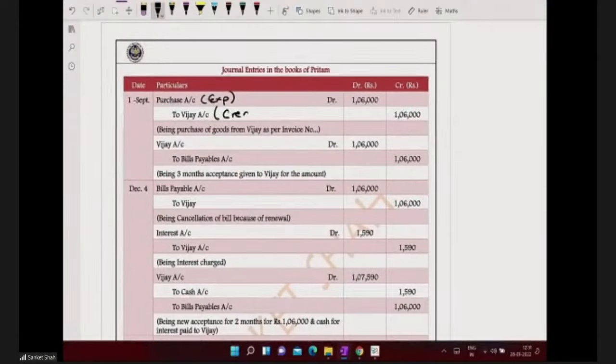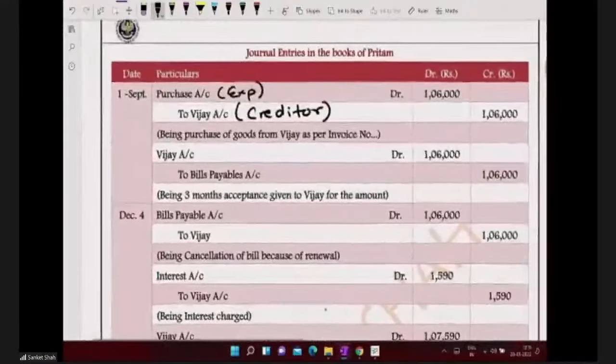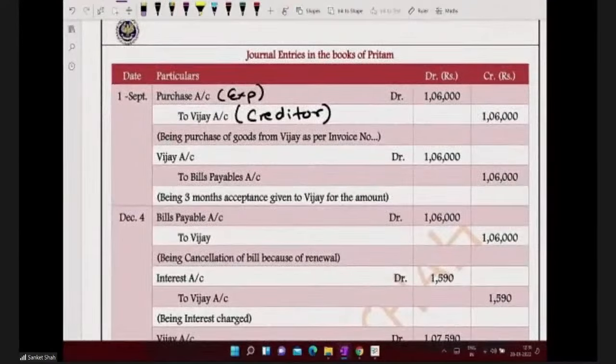Purchases to Vijay. So Vijay is a creditor in the books of Pritam. Vijay is the receiver and bills payable is a liability. Bills payable is a liability.